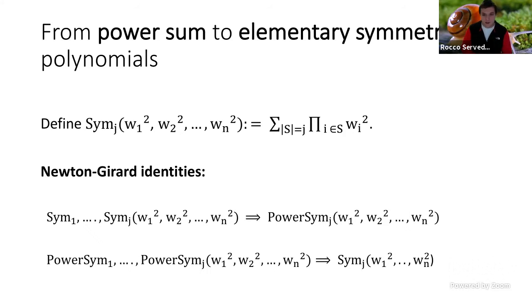I've written down here a basic expression for the jth elementary symmetric polynomial. It's the sum over all n choose j multilinear monomials, corresponding to picking every possible subset of j variables and adding them up. I'm working with the squared weights here again because it's more convenient for what we're doing. We have these well-known identities which say if I give you the first j elementary symmetric polynomials, you can figure out the jth power sum polynomial, and it goes in the other direction as well. If I give you the first j power sum polynomials, you can figure out the jth elementary symmetric polynomial. So we can go back and forth between these two things.